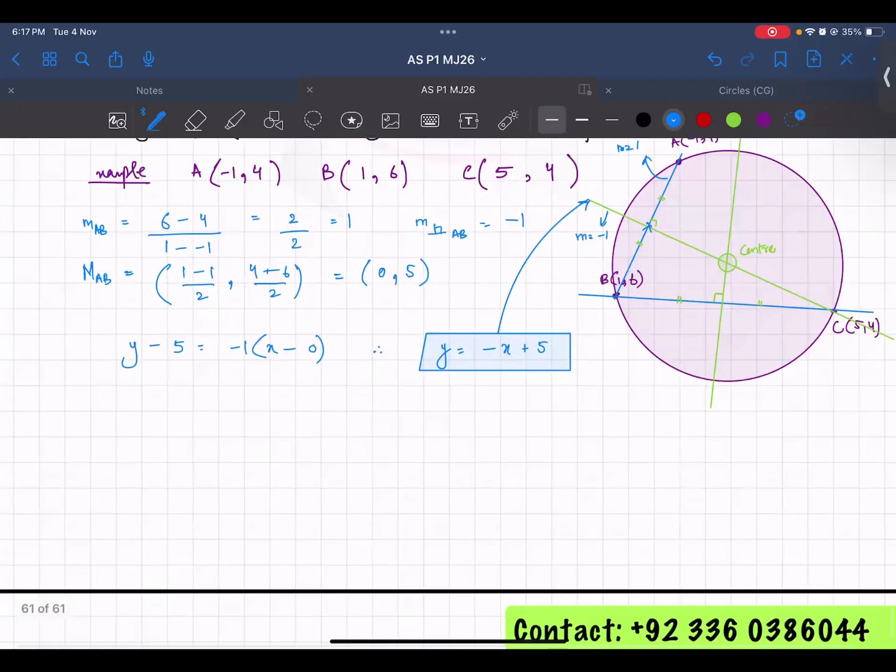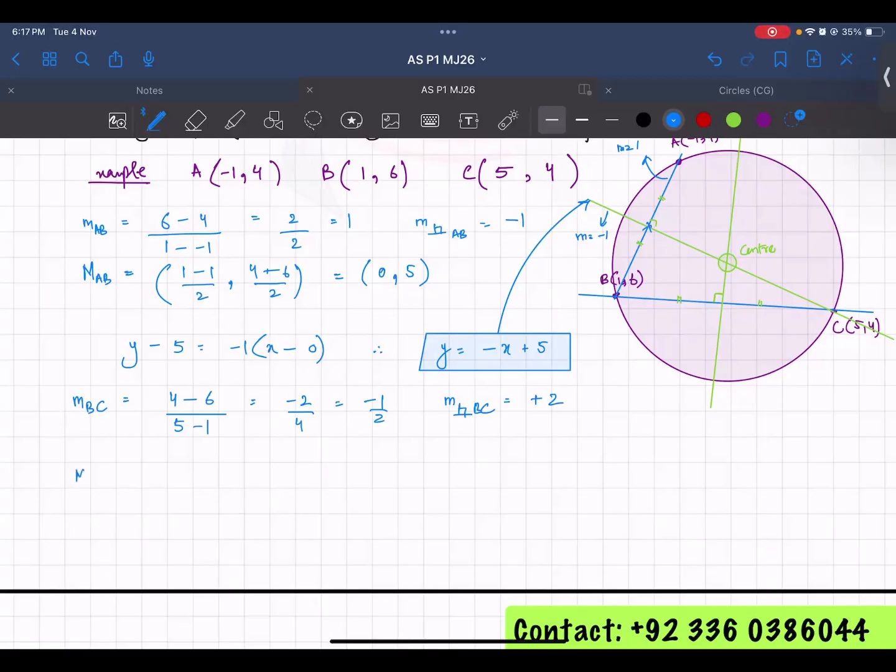Then we will find the perpendicular bisector of BC. So the gradient of BC first: 4 minus 6 upon 5 minus 1, minus 2 upon 4, negative 1 upon 2. So the gradient of the perpendicular of BC will be the negative reciprocal, so plus 2.